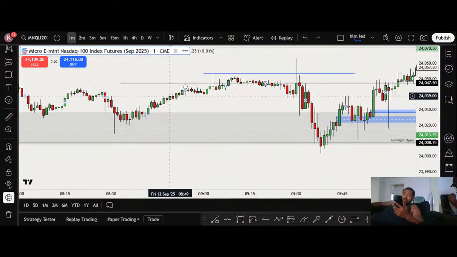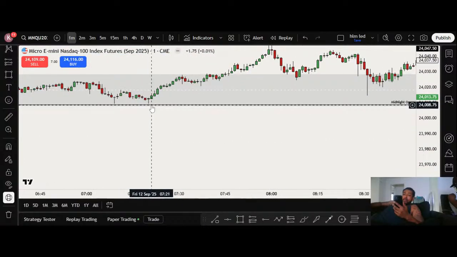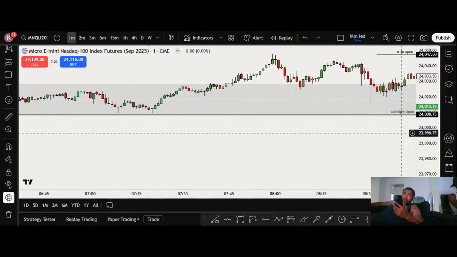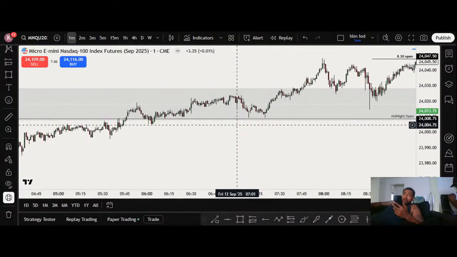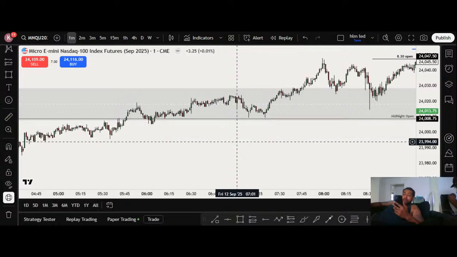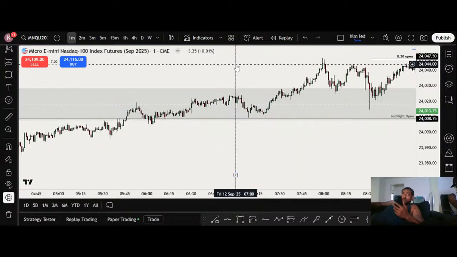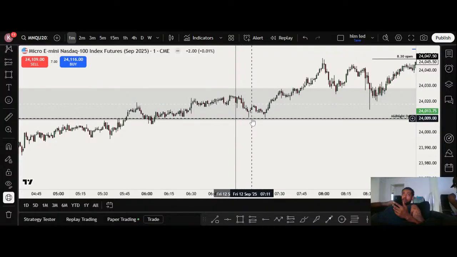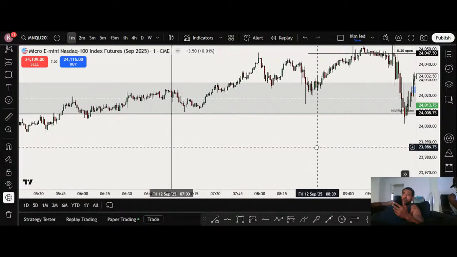That was the highest high. And I'll mark out the lowest low, which was over here, at the midnight open. That was the lowest low. If I scroll out, you see that 7 o'clock was here. That's this line. You got your lowest low right here.